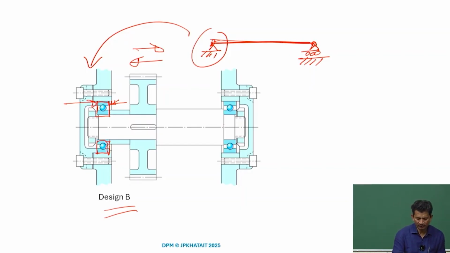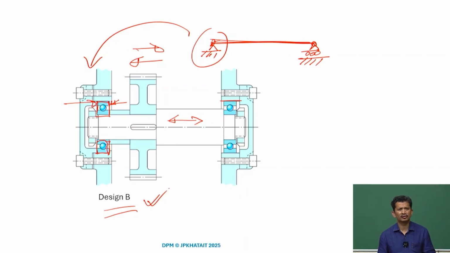On the other hand, what we see on the right is a simply supported, flat, floating end. So, if there is any kind of thermal expansion and contraction, it can simply shift, it can slide easily without putting any kind of loading on the bearings. So, definitely it's a better design and this is not over constrained.